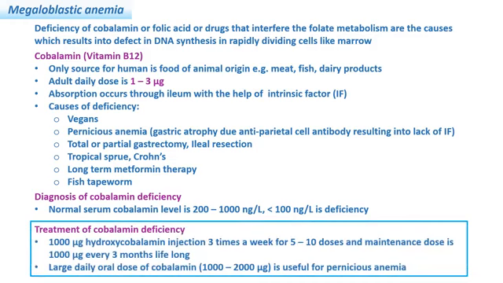Treatment: 1000 microgram hydroxycobalamin injection 3 times a week for 5 to 10 doses, and then maintenance doses of 1000 microgram every 3 months lifelong. Last, a daily oral dose of cobalamin 1000 to 2000 microgram is useful for pernicious anemia.